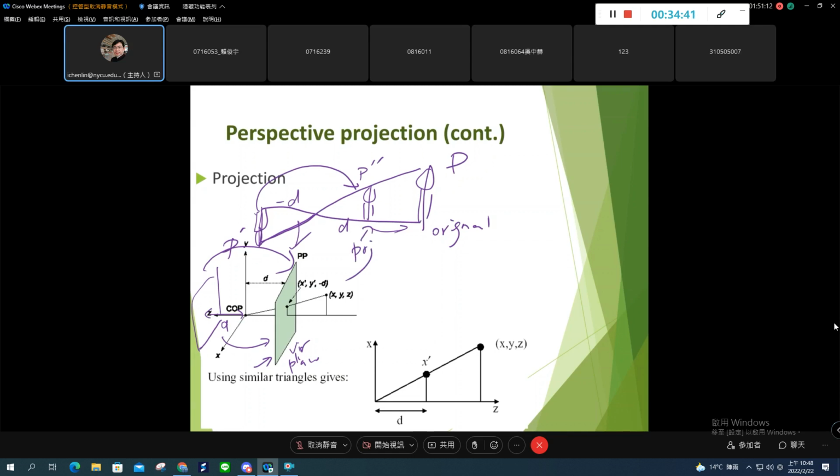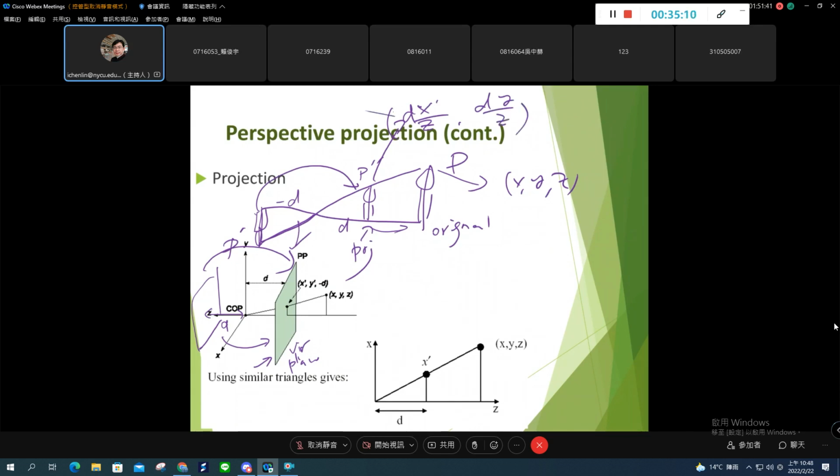So we can also use the same formulation x, y, z here. So we can say this double prime is d, sorry, x double prime is supposed to be d multiplied by x divided by z here, right?